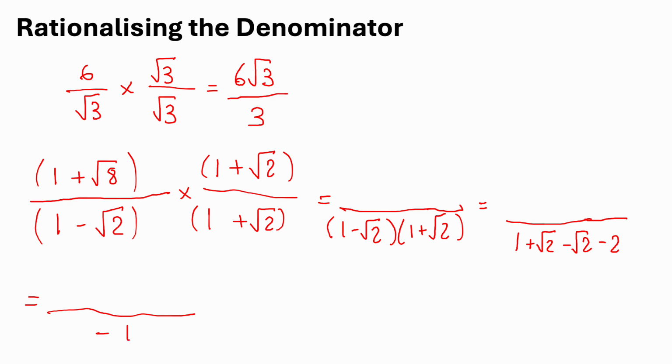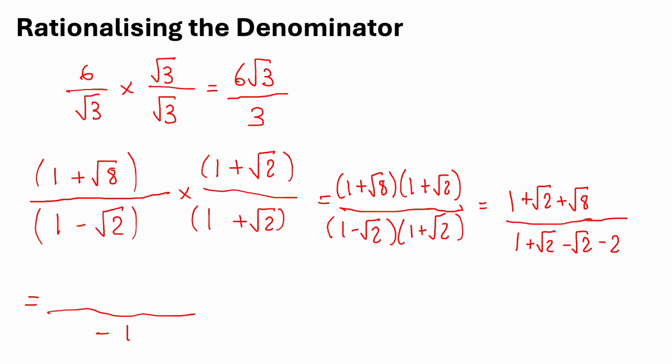Okay, so now let's do the top one. So we've got 1 plus root 8 times by 1 plus root 2. So we're going to expand the double brackets as we normally do. So 1 times 1 is 1. 1 times root 2 is positive root 2. Root 8 times by 1 is positive root 8.